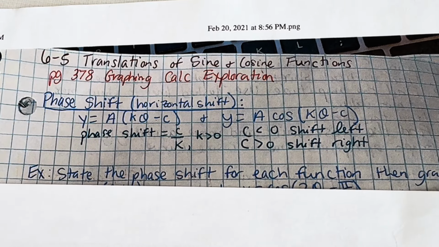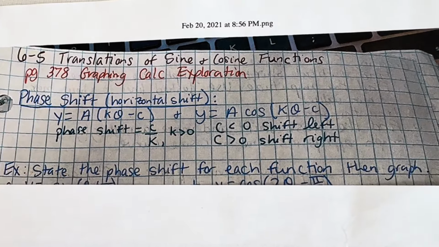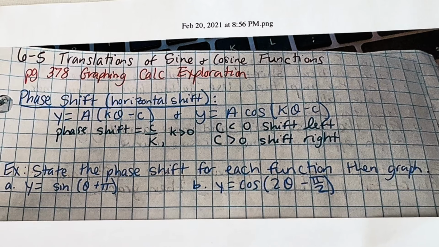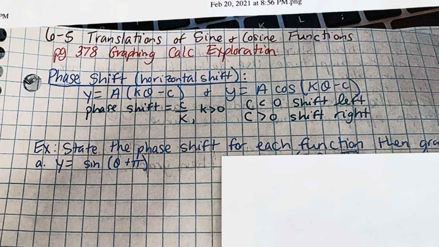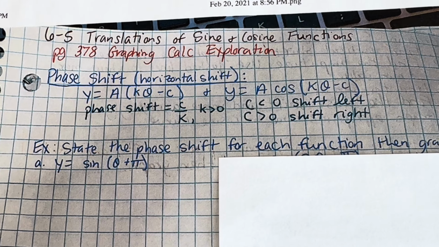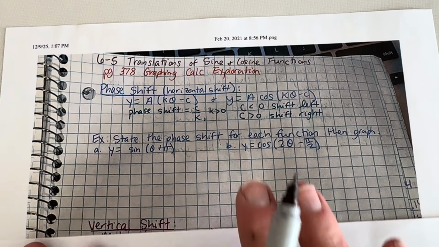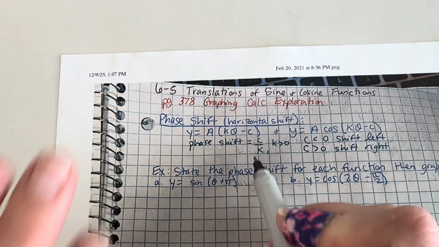Okay. So first thing says state the phase shift for each function and then graph them. So here's my first function. Our phase shift is this C over K. So right here on this one, my C is the thing added onto it.